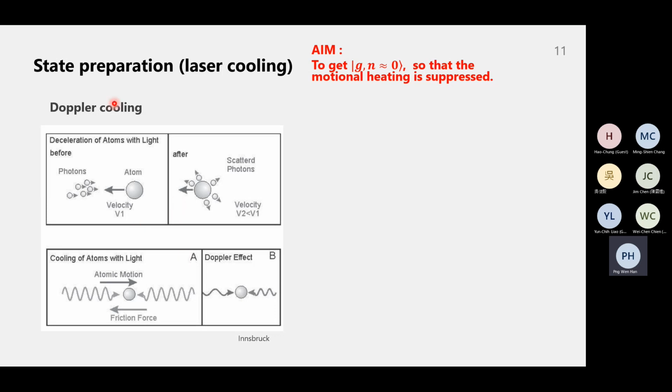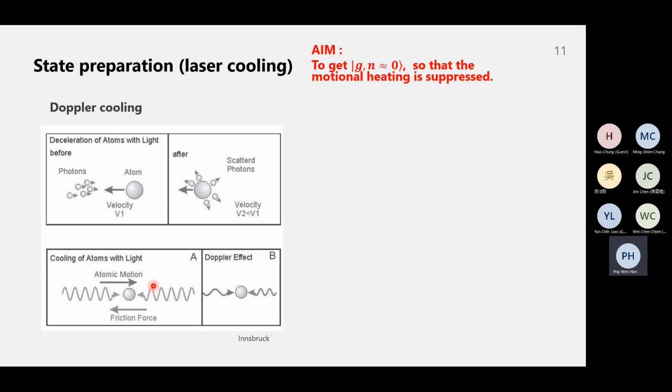So what Doppler cooling does, you can refer to the diagram below. We are applying a pair of laser beams which are red detuned, and this ion is moving to the right-hand side. When it moves to the right-hand side, you see a blue shift, which compensates for the red detuned lasers.